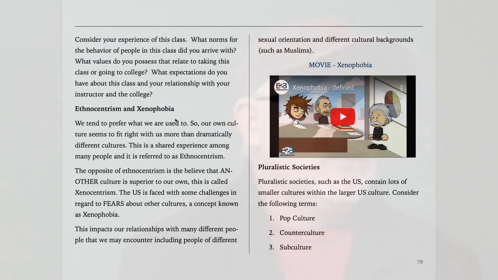So there's a little video in there about xenophobia and that we actually live in a pluralistic society. We don't necessarily have a melting pot per se. Melting pot, it kind of takes all the ingredients and blends them into a unique solution. Let's say you have butter, eggs, flour, and water all mixing together, but the fundamental dough that comes out of it doesn't look like any one of those characteristics.